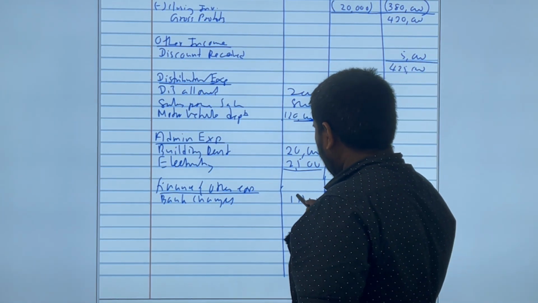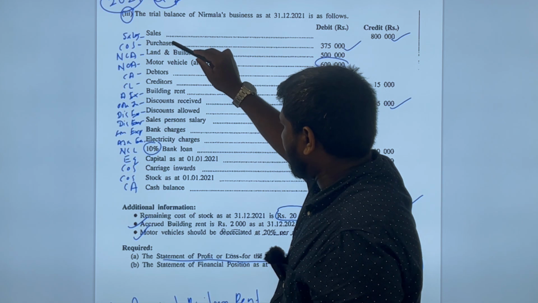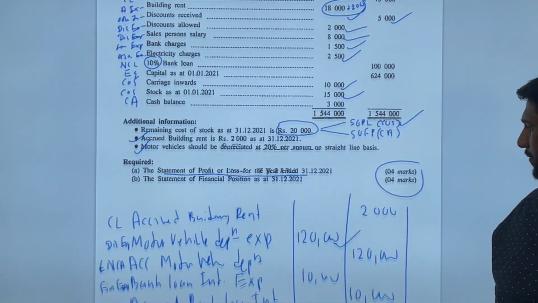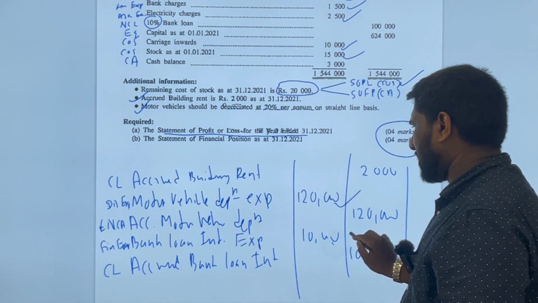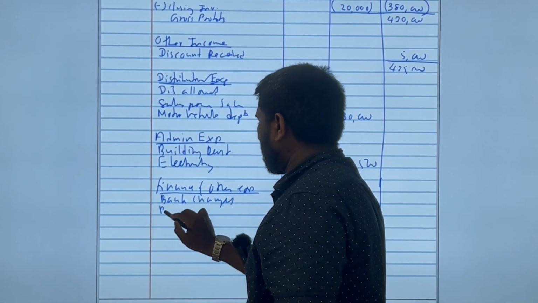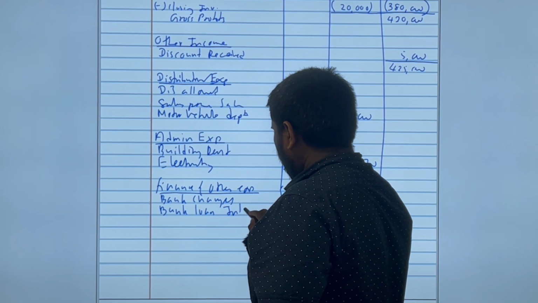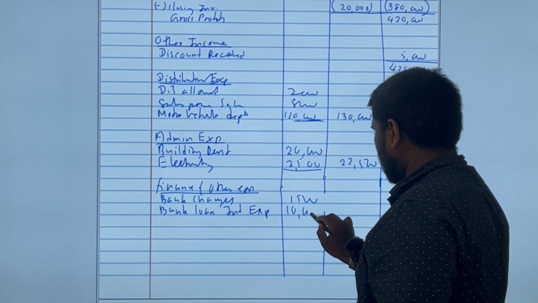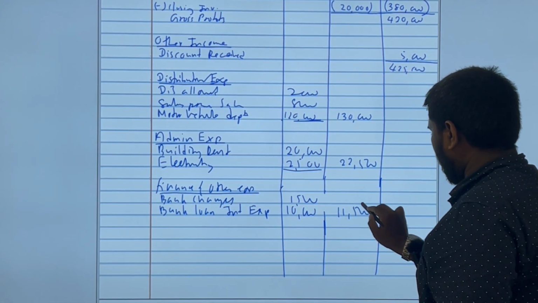And what else that you have? Finance expense. Here you have bank loan interest expense 10,000. So here we are getting a value of 11,500.